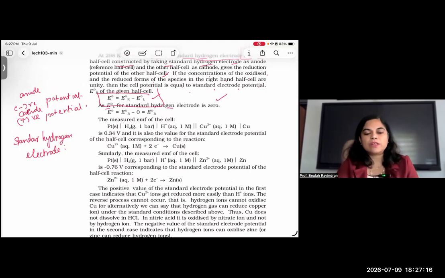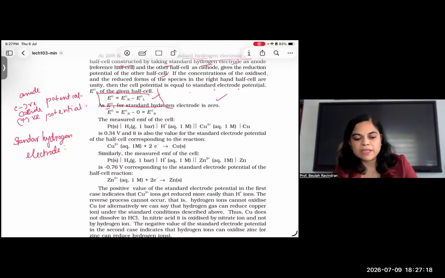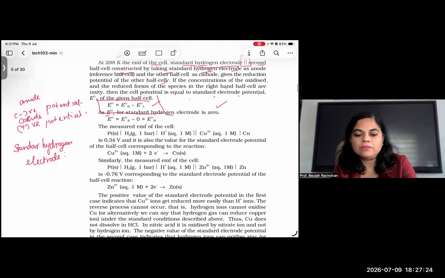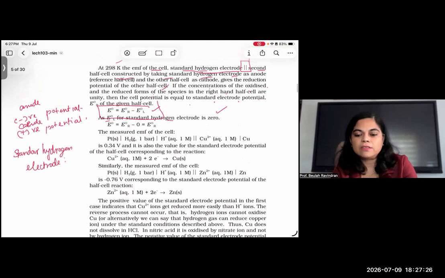That means you can make the left side 0. You are taking one half as the reference electrode, and the other half is the cathode, which gives the reduction potential of the other half cell.